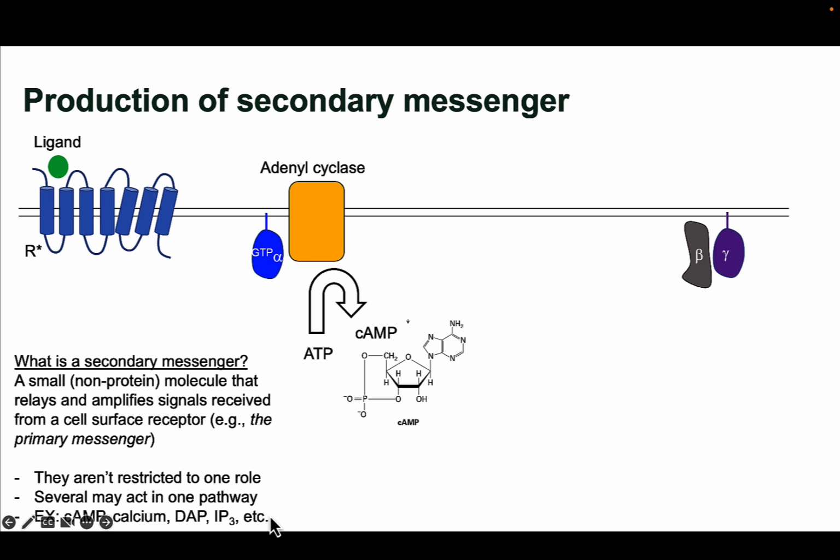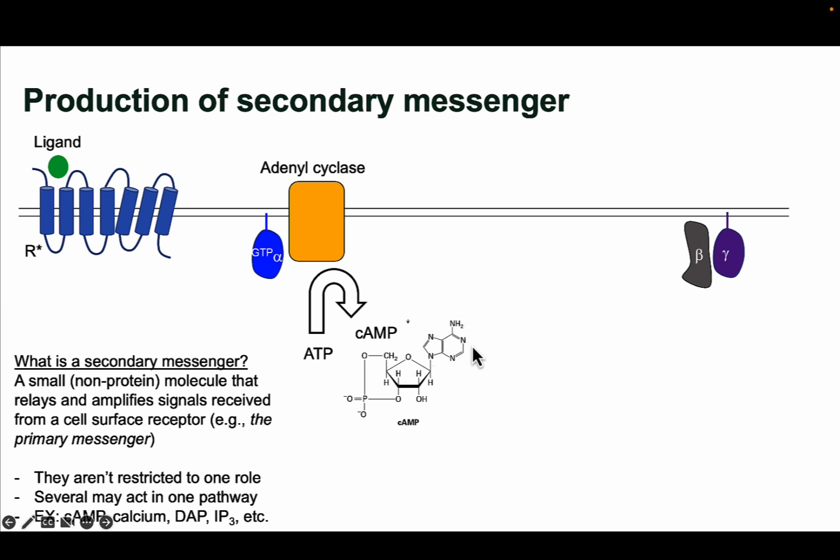Examples of these small molecules include cyclic AMP, as well as calcium ions that are stored in the endoplasmic reticulum. This should say DAG. So DAG and IP3 are lipid signaling molecules. So they're non-protein small molecules that amplify signals. So these are lipids, this is an ion, and this is a metabolite of ATP.